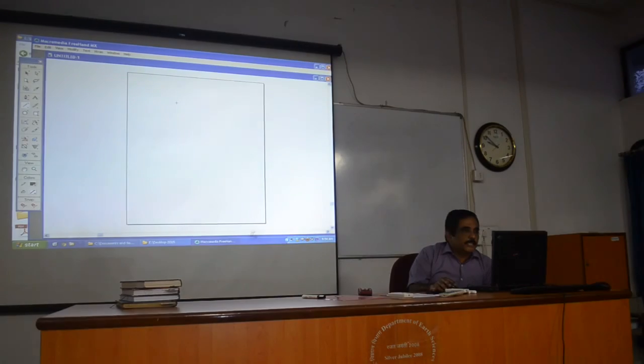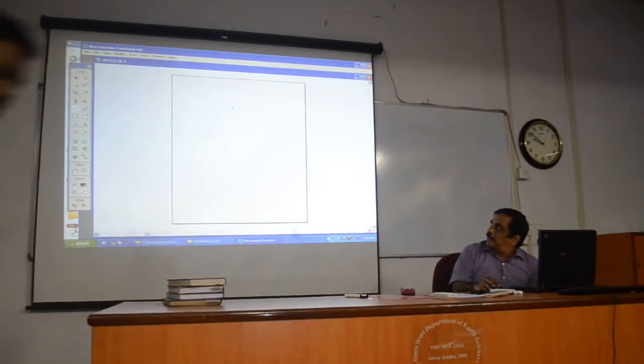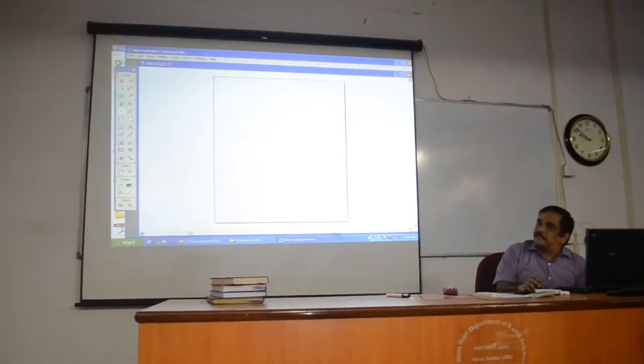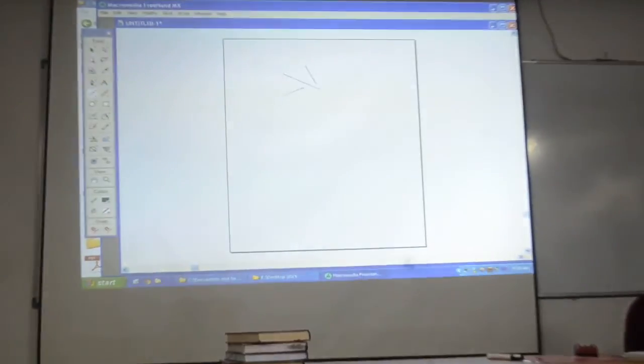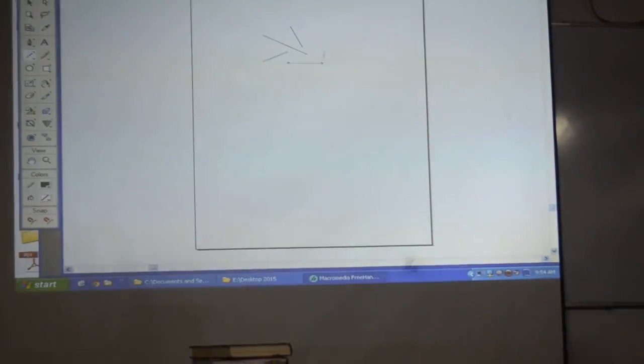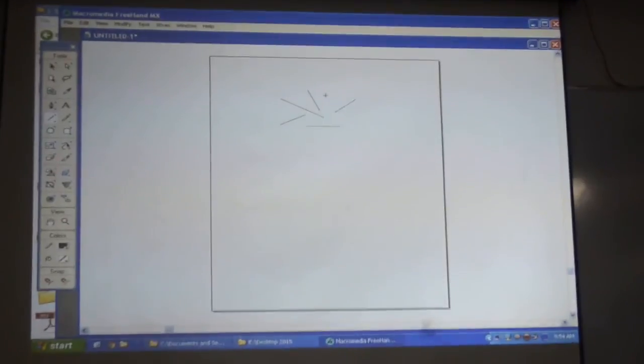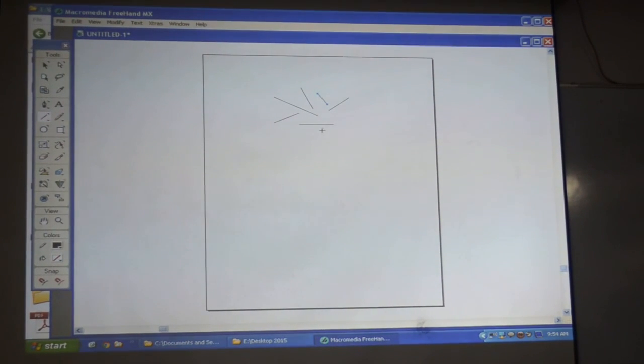It's okay. Now you see, I am drawing different split planes like these, like these, like these. All haphazardly oriented split planes. These are split planes, master split planes of quartz.